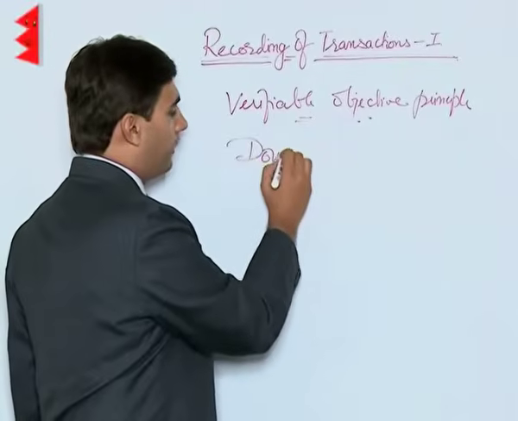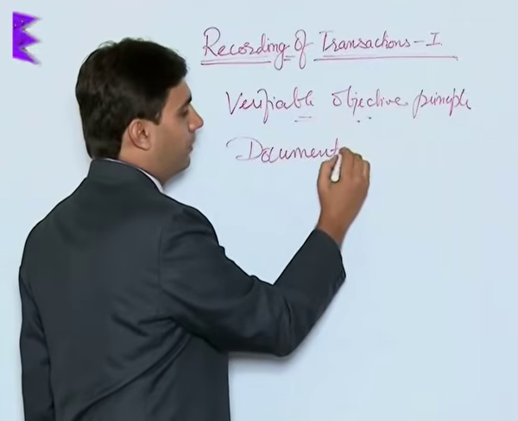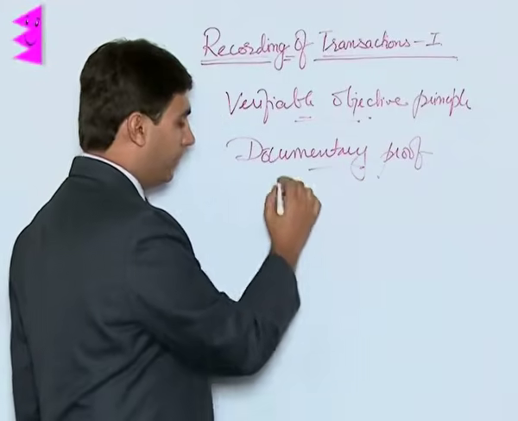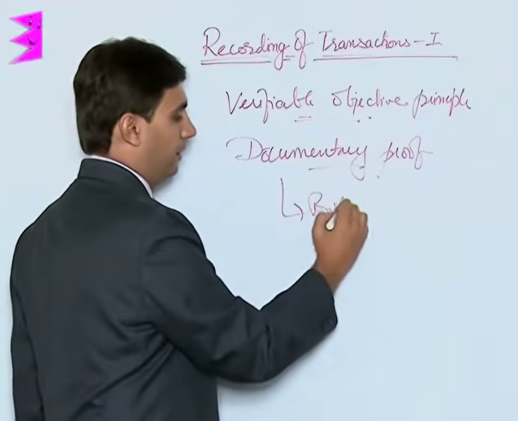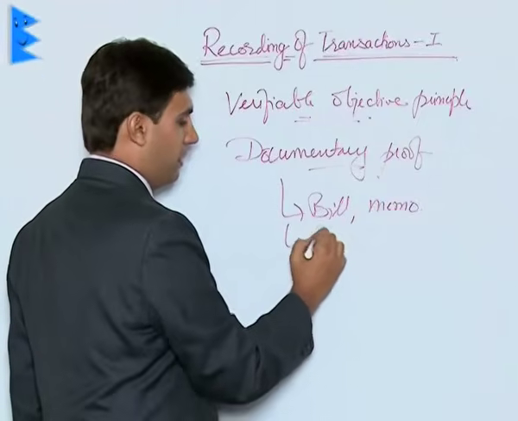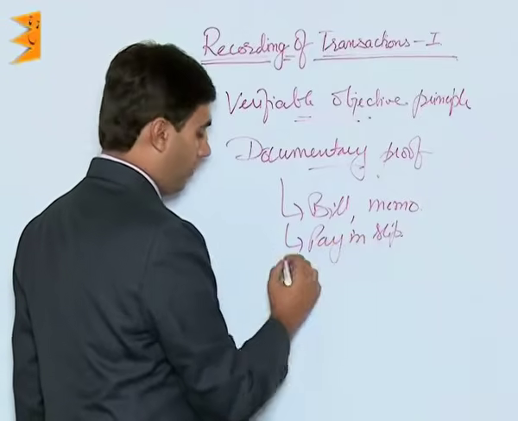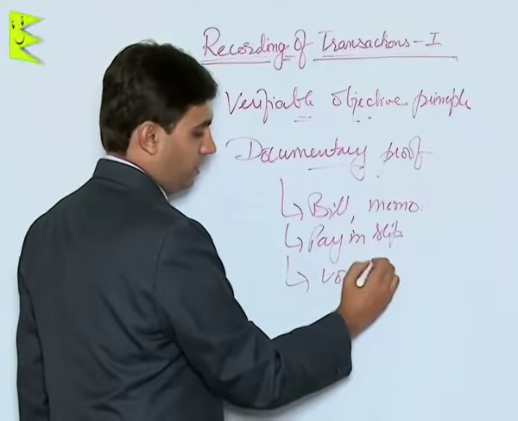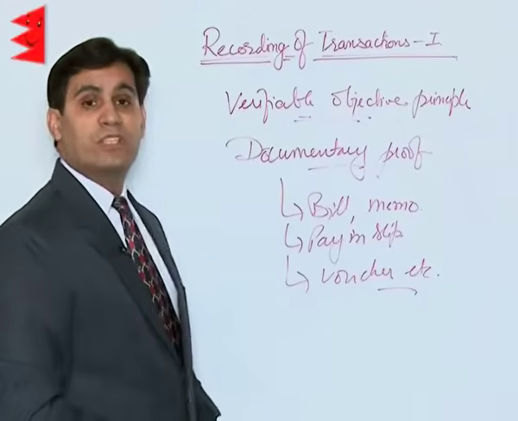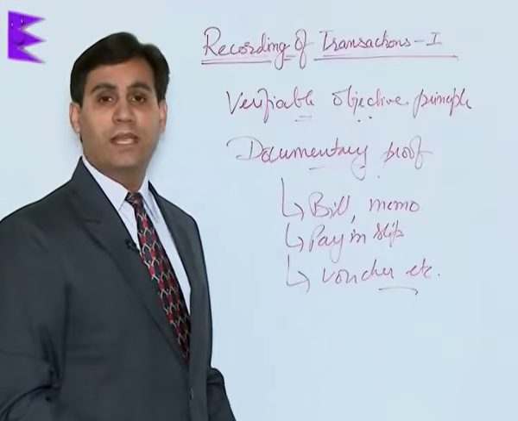Now, documentary proof can be in the form of a bill, a memo, or pay-in slip, or vouchers, etc. These are the documents which actually support the fact that a transaction has actually taken place.